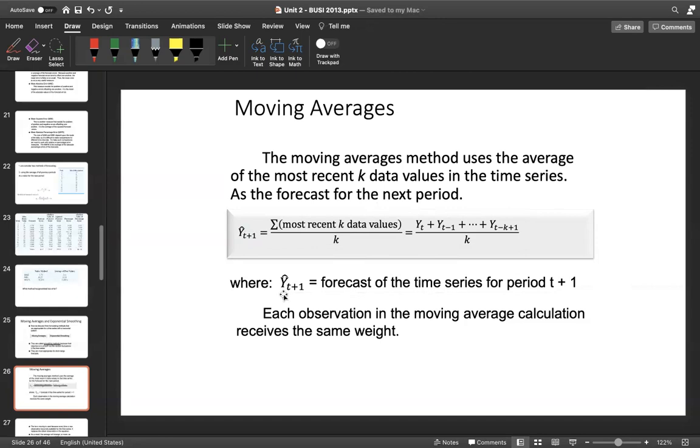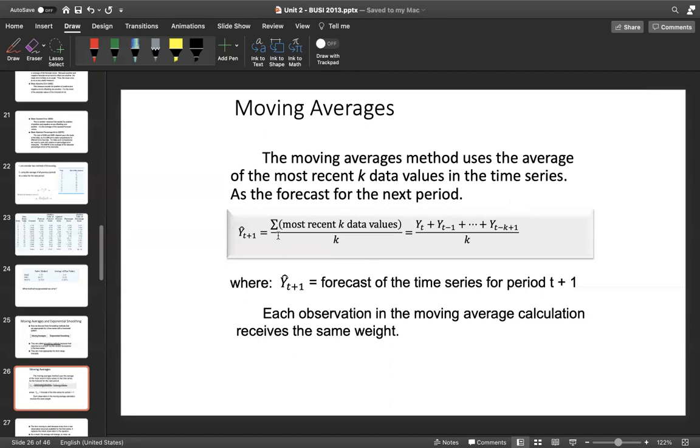So if you put 3 in here, T becomes 2, and it becomes y2 plus y1 over 2.